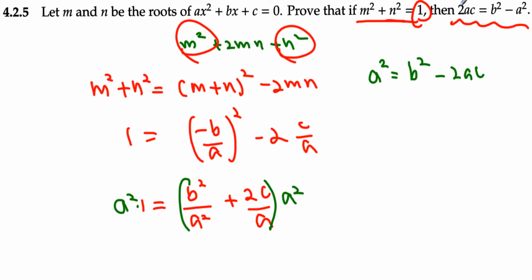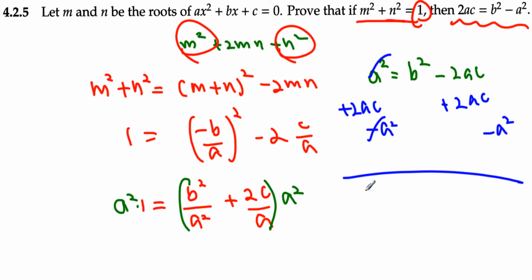Now, if I want to isolate the 2ac by itself, I can add 2ac to both sides and then subtract a squared. Then, since these two cancel out, our answer is 2ac. On the right side, these two cancel out, we get b squared minus a squared.